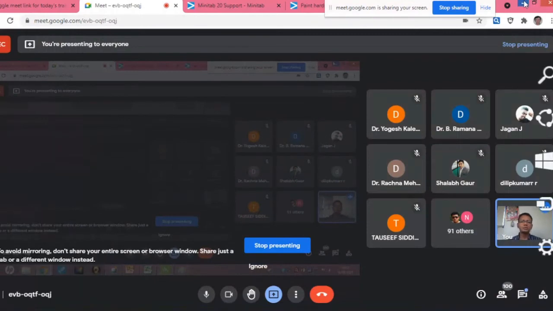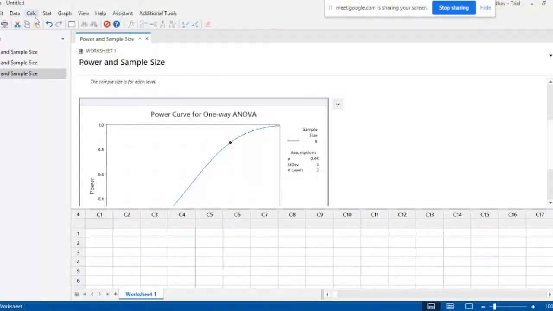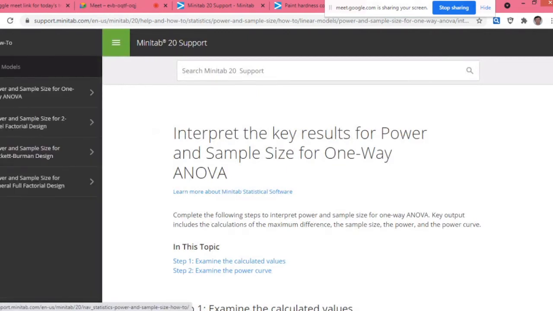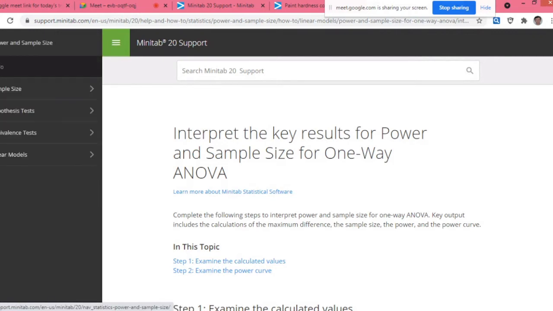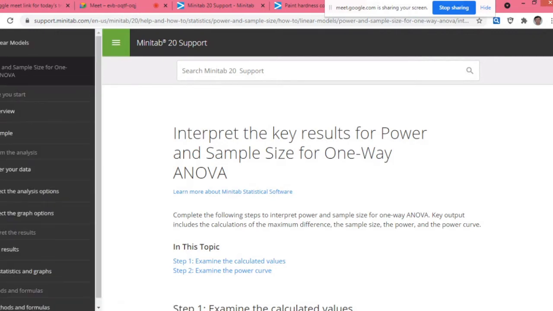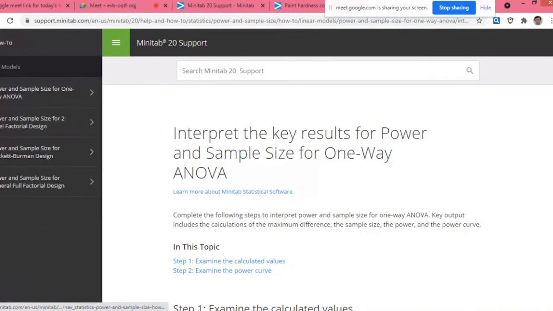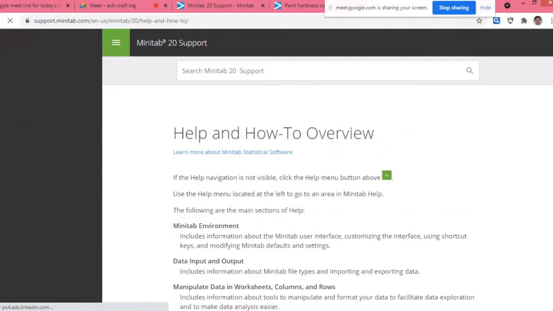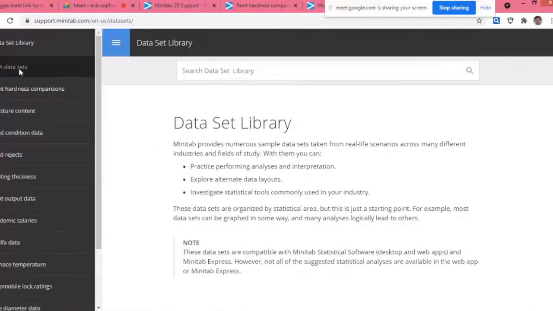So you can open your Minitab. Go to Help, Dataset Library, ANOVA, and go to Light Output Data.